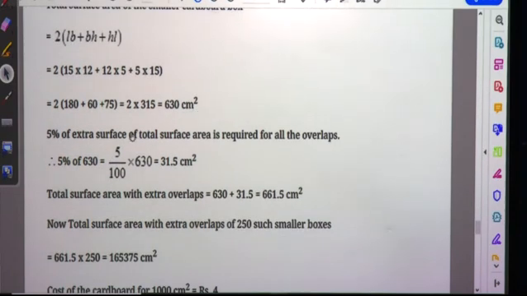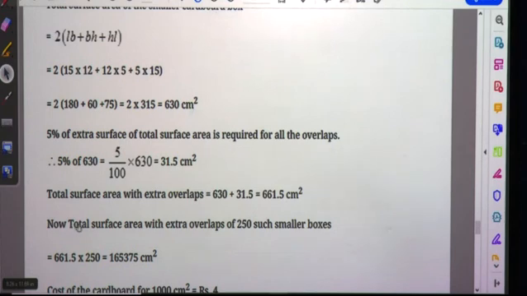5% extra of total surface area is required for all the overlaps. So, 5% of 630 means 5 upon 100 into 630 is equal to 31.5 centimeter square. Total surface area with the extra overlaps is what? 630 plus 31.5 is equal to 661.5 centimeter square.